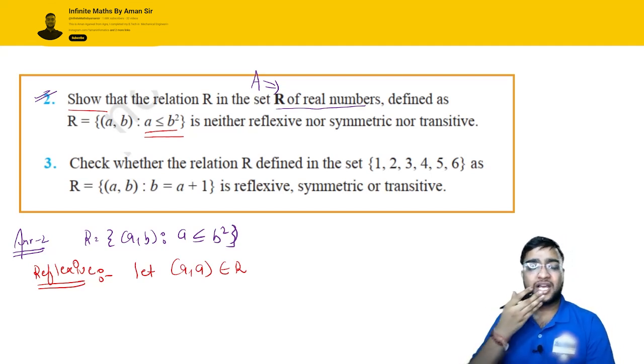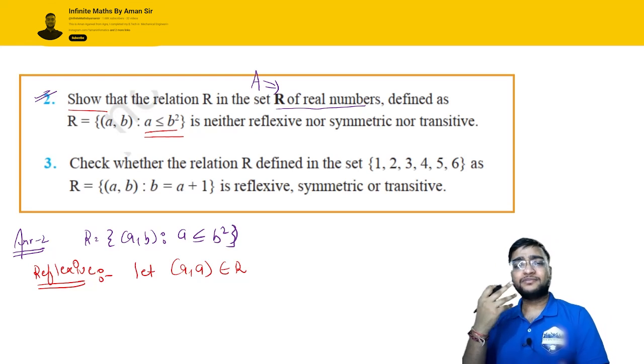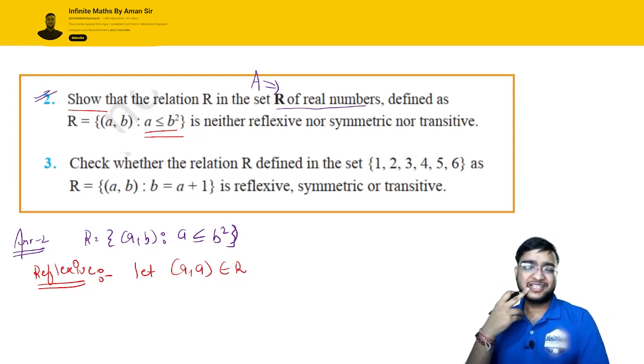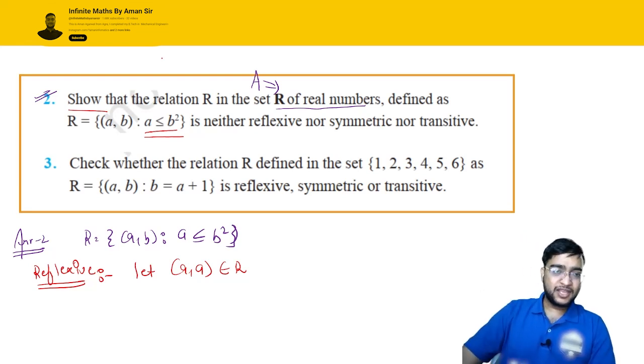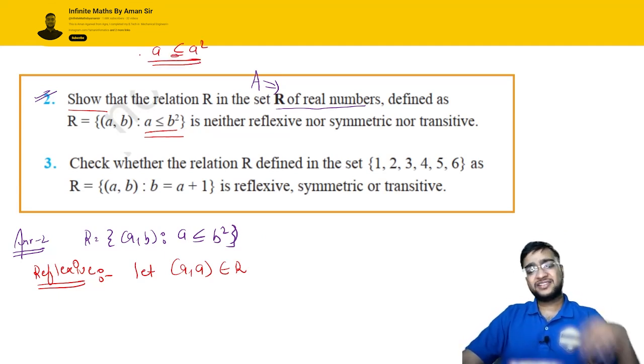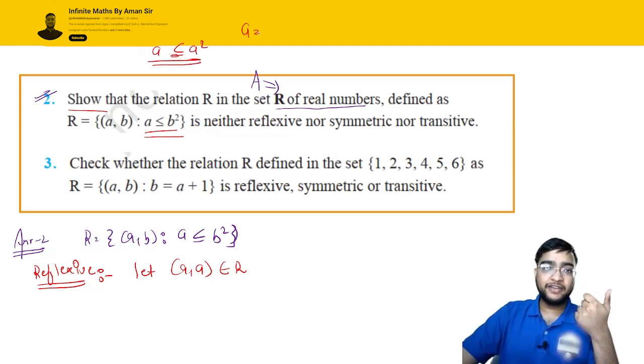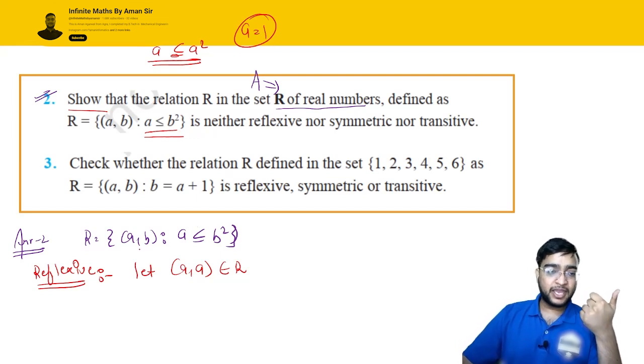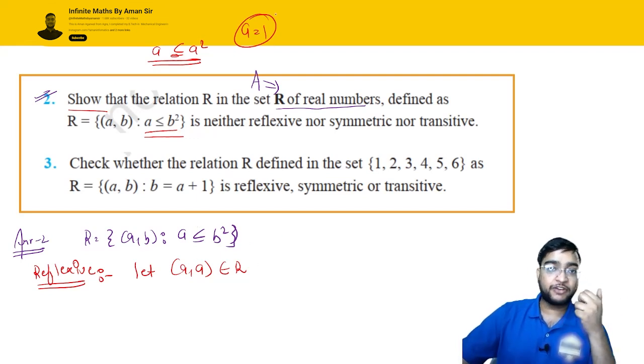Okay sir, if you take something, this condition is true, because a must be less than or equal to a square, na? If I take 1, then I'm taking the pair (1, 1).